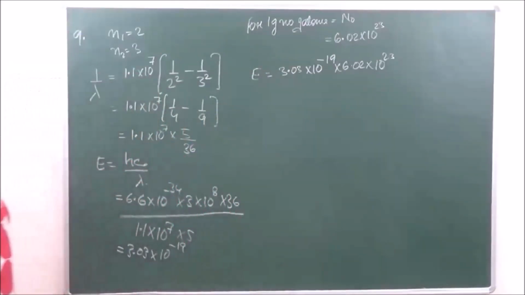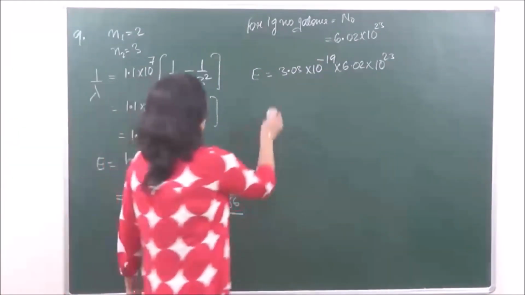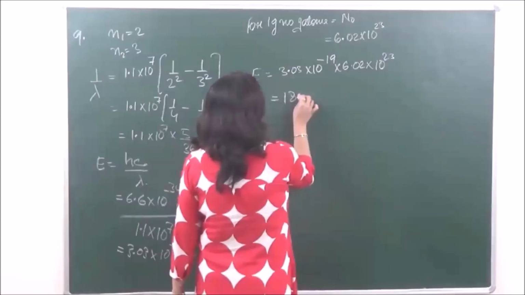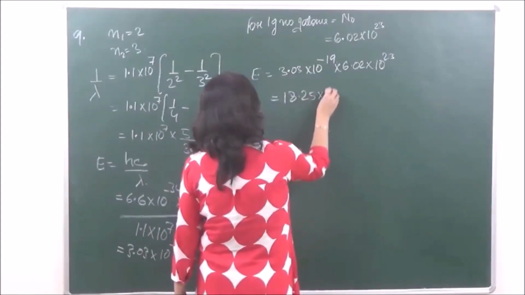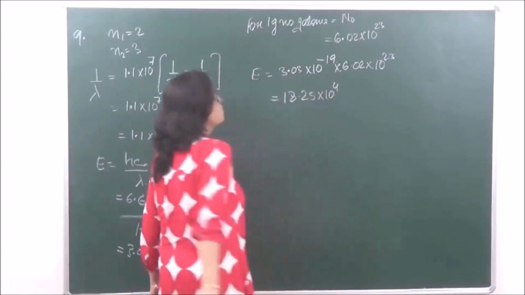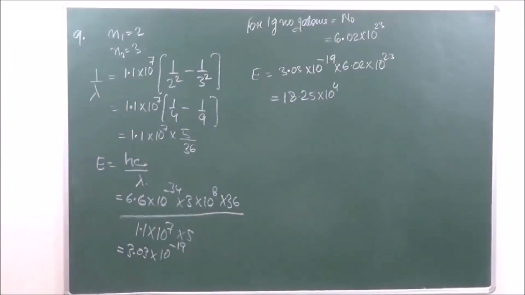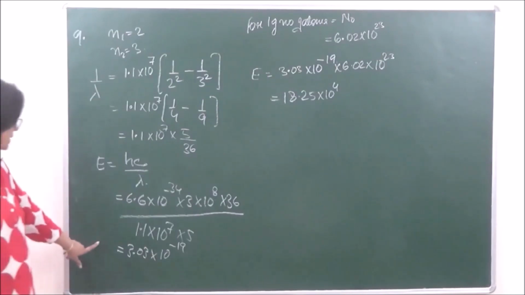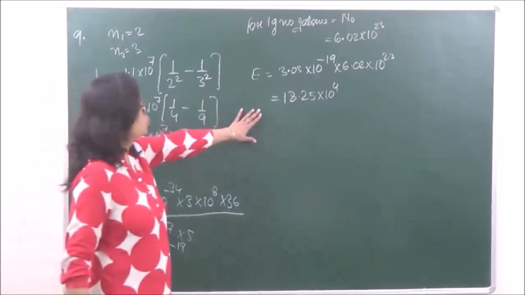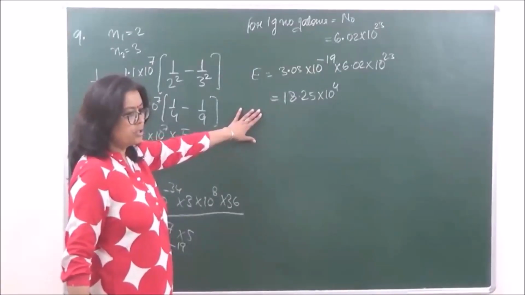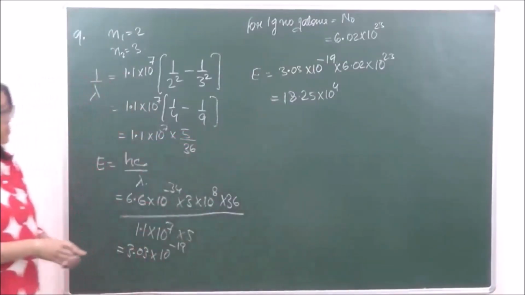This is the energy for 1 gram. And when calculated, it comes to 18.25 into 10 raised to power 4. Okay? This is joules per atom. Or sorry, joules only, not per atom, joules. Have you understood? Okay, then the last question.